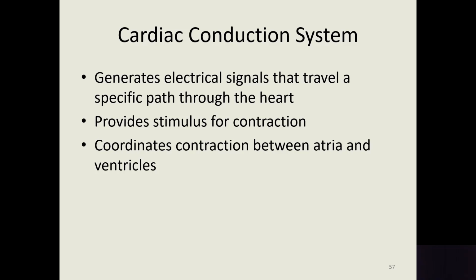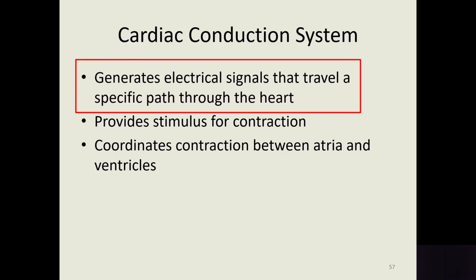And cardiac muscle depends greatly on oxygen to function. Unlike skeletal muscle, which can contract for prolonged periods using anaerobic respiration, the heart muscle requires oxygen in order to function. So like I said, the heart is able to generate electrical signals that travel a specific pathway through the heart.